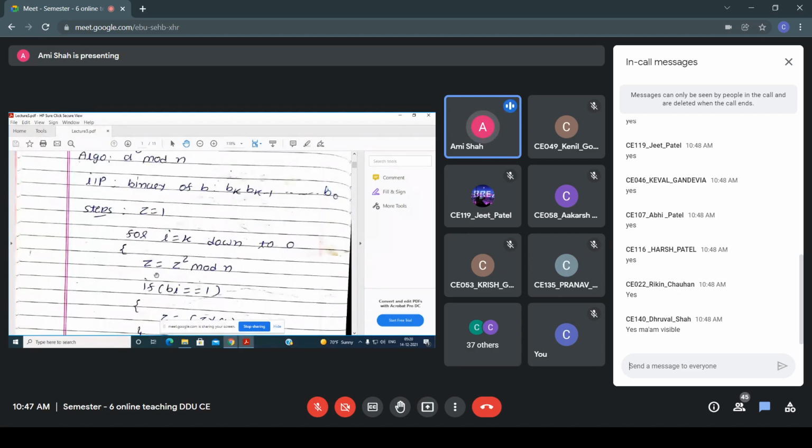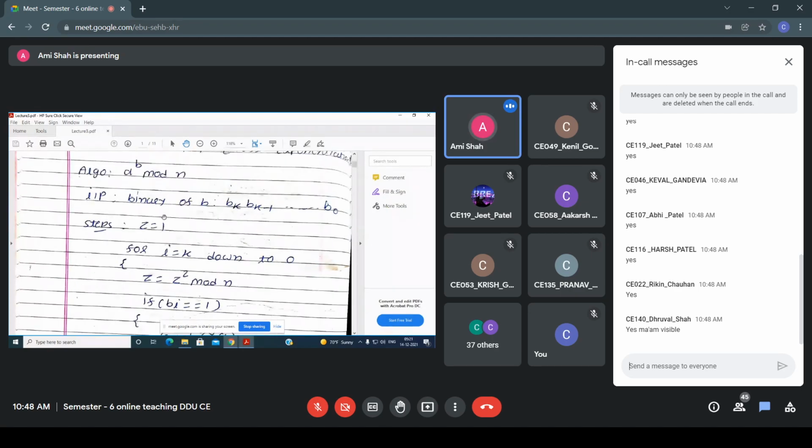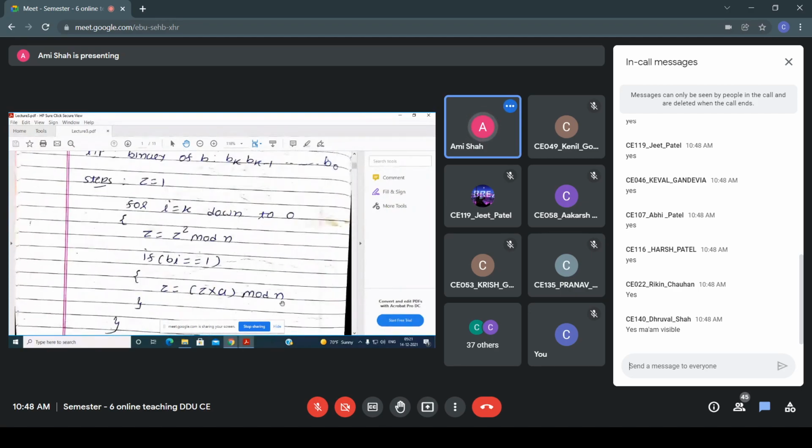At that time, z equals z square mod n. Then you check the bit value. If the bit value is 1, then z equals z multiplied with a, mod n. In this way you have to follow the steps, everyone.